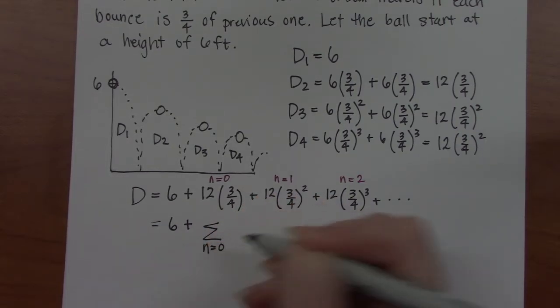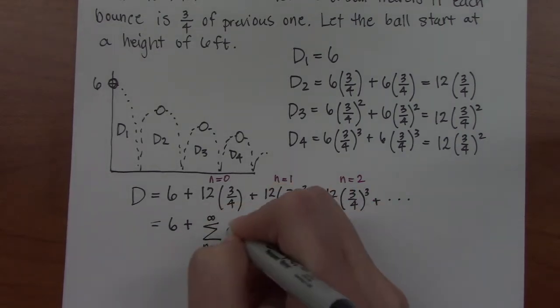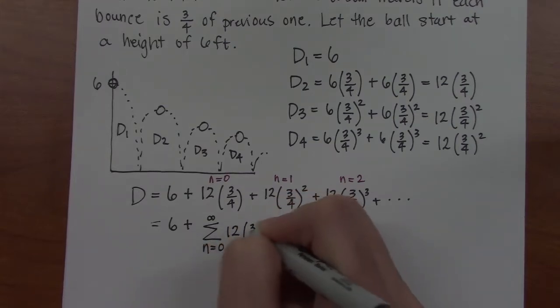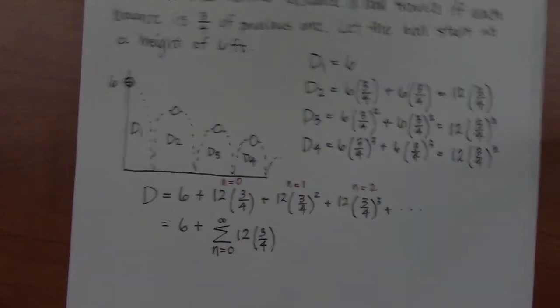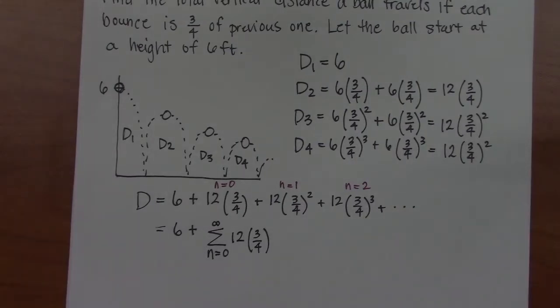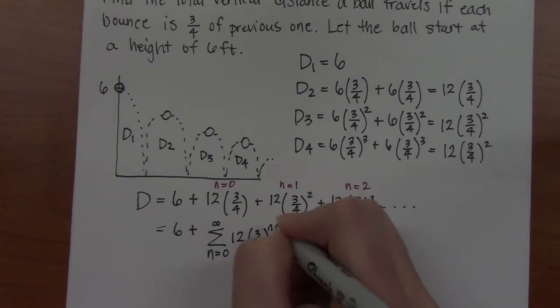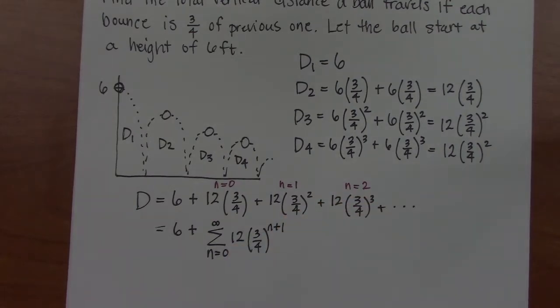I want to sum from n equals 0 to infinity of 12 times 3/4, right? And I need the power that's generated to be 1 more than the n value that I'm looking at. So if I plug n equals 0 into this exponent, I need to return a 1. So we're going to index it with n plus 1. Then if I plug in a 1, it gets squared. If I plug in a 2, it's cubed, and so on. Does everybody follow that so far?